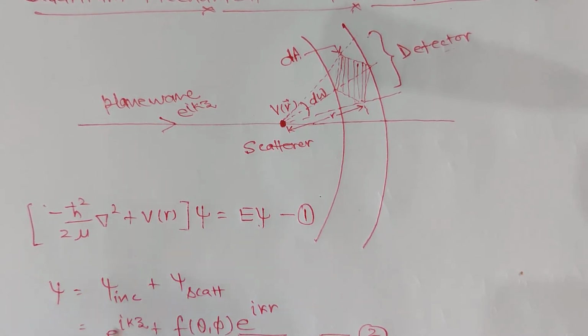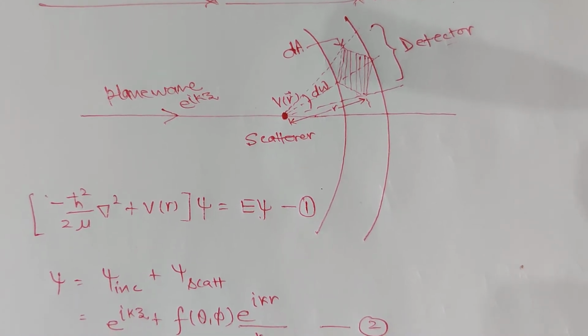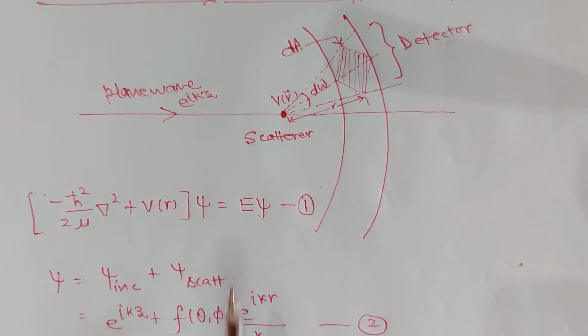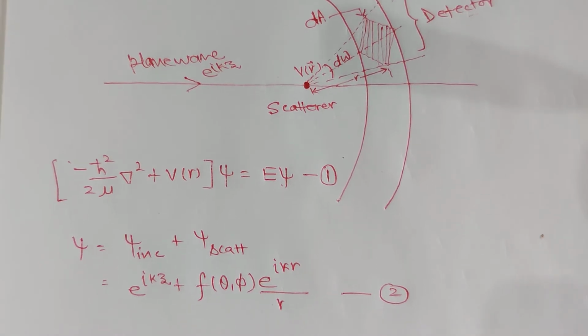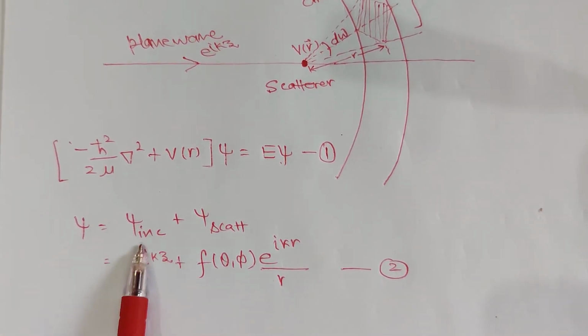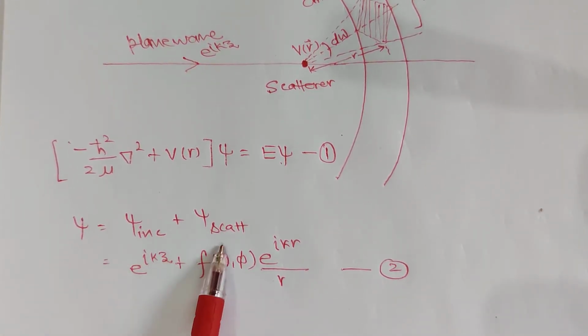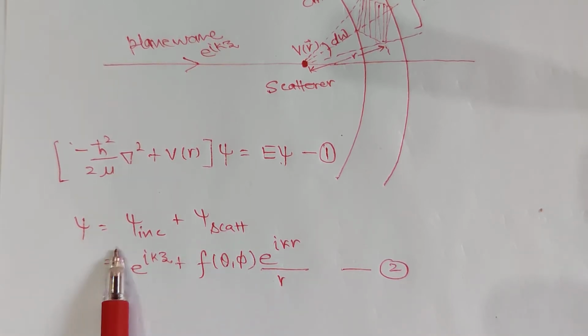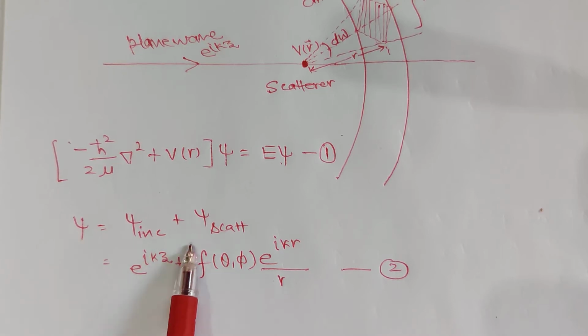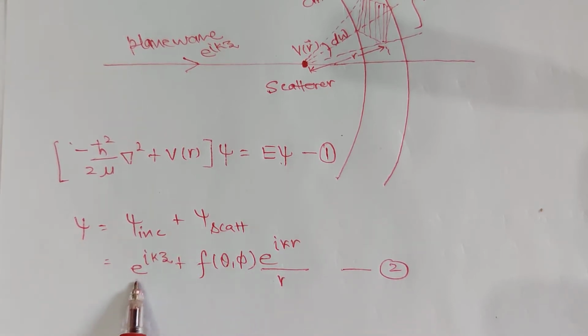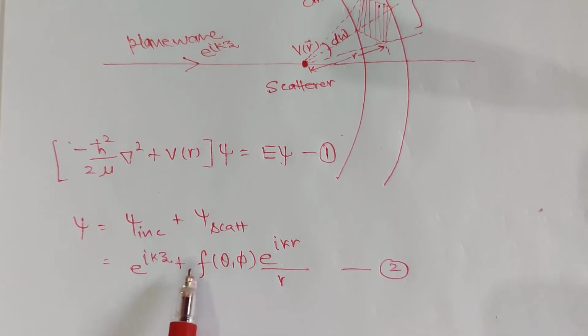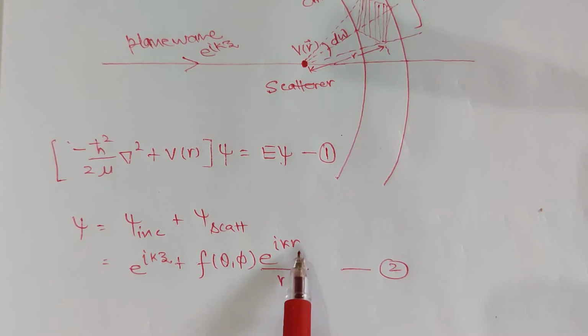Now the total wave function, that is the solution of equation 1, will consist of the incident plane wave and the scattered spherical wave, meaning psi equals psi incident plus psi scattered, or we can write exponential iota kz plus f(theta, phi) exponential iota kr upon r.